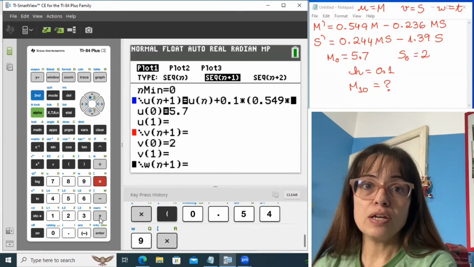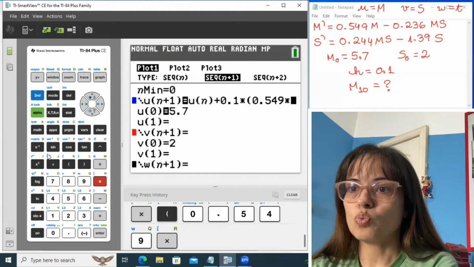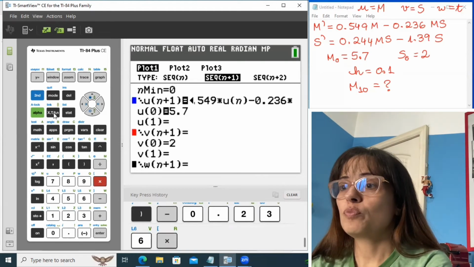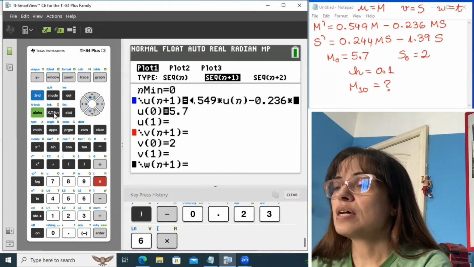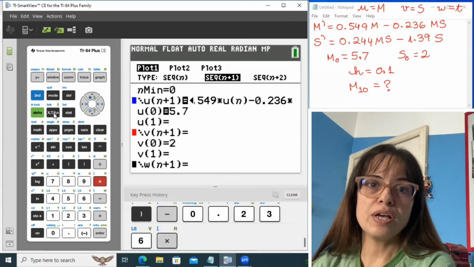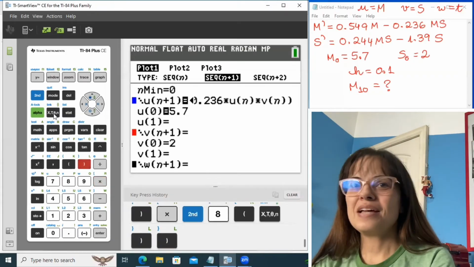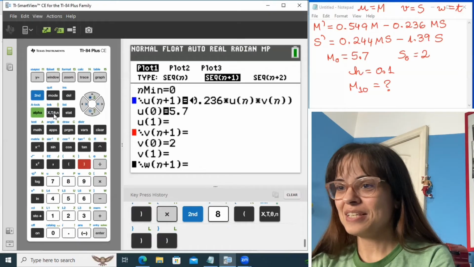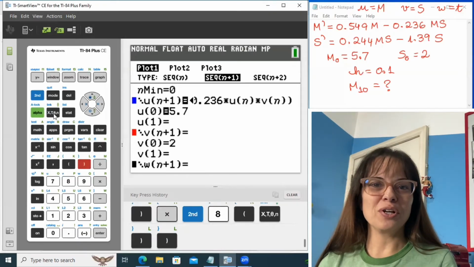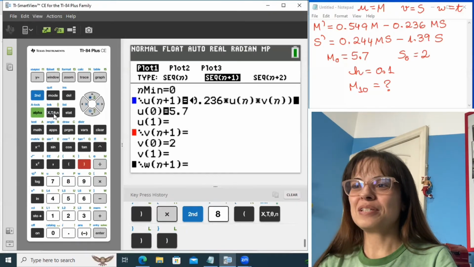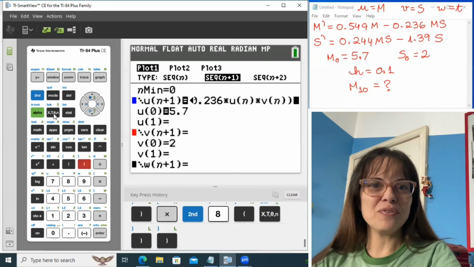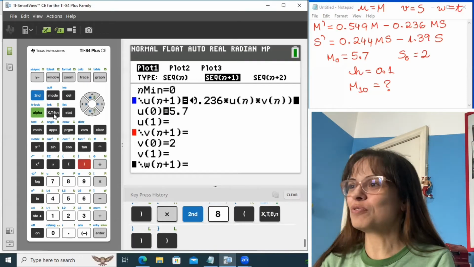M is the current value of m, so it's un as well. And then the term with the 236 is times ms, so that's un times vn. That is a very long sentence, and please be careful not to type any number wrong, because it is going to be a pain to find where the mistake is if you do make a mistake.